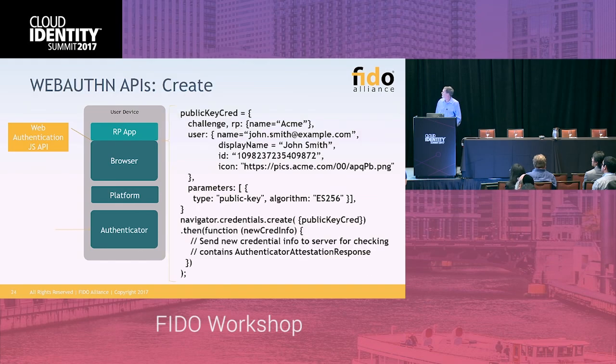And this is basically the WebAuthn APIs. Once again, the credential object plays a key role here, and this is off of the WebAppSec credential work. I'm going to have a public key type of credential, not a password credential. And then I'm going to do a create. So I form my public key credential, and then I call the create, and it's going to wind up creating the keys that are necessary.